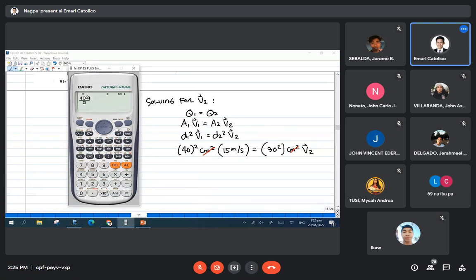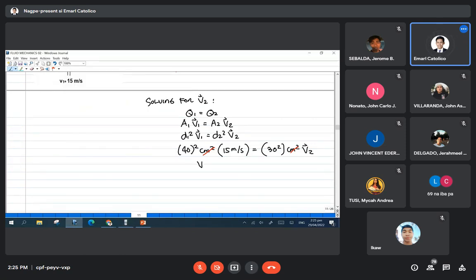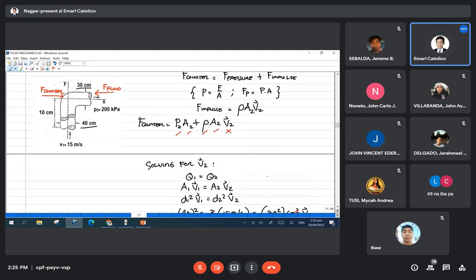So 40 squared times 15 divided by 30 squared. Okay. So therefore, velocity 2 natin ay 26.67 meters per second. Okay na si velocity 2, masasolve na natin yung force counter.